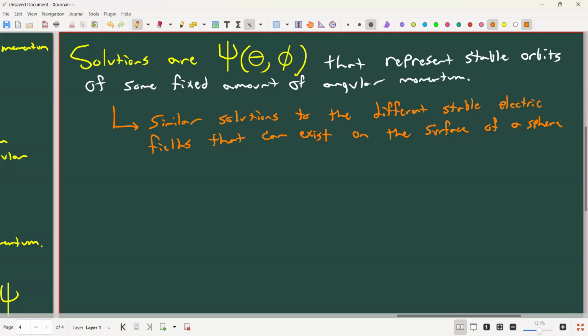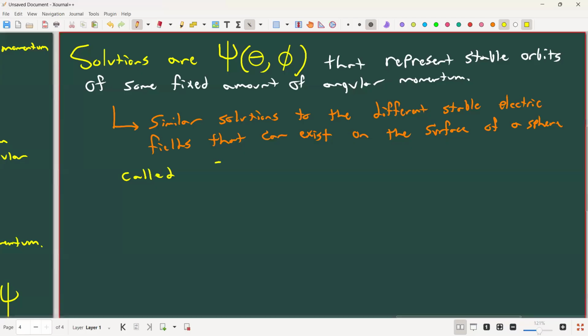You can think about these as the solutions of the electric field on a Van de Graaff generator. Similar functions that define the electric field. And they have a very special name, and we can look them up on Wikipedia. They're called spherical harmonics.